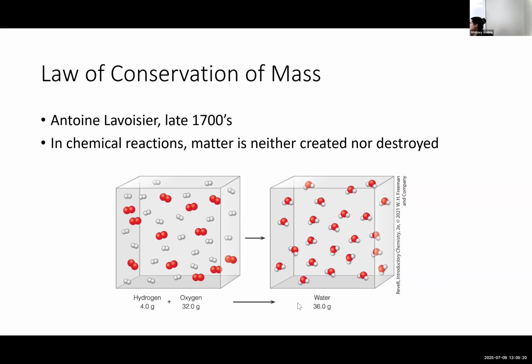You're not going to magically create new atoms of carbon, and that's the law of conservation of mass. So going into physics and chemistry, in chemical reactions matter is neither created nor destroyed. Whatever your starting material is, you can create new material, but the amount of the elements is not going to change. That's why we balance reactions. It's important to have those balanced reactions.